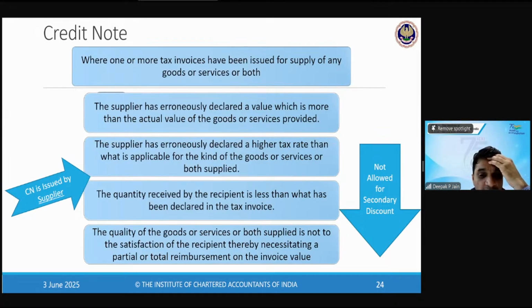Last point, Soumya, when the quality of the goods I have supplied does not satisfy the recipient, then I have to give him reimbursement because maine toh achhe quality ka maal becha tha, but he is not satisfied. So I will tell him I can give you a discount. Now that discount or the reduction in sale value will be through a credit note. Correct. Credit note will result in a reduction in ITC.